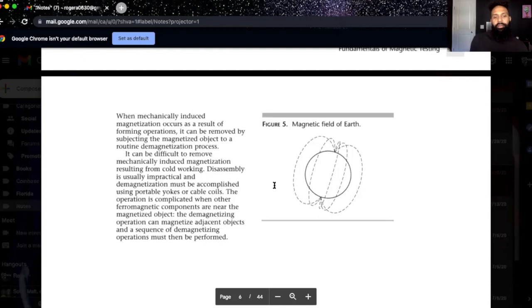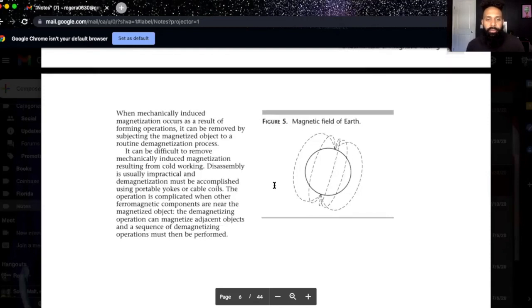Disassembly is usually impractical, and demagnetization must be accomplished using portable yokes or cable coils. The operation is complicated when other ferromagnetic components are near the magnetized object. The demagnetizing operation can magnetize adjacent objects, and a sequence of demagnetizing operations must then be performed.